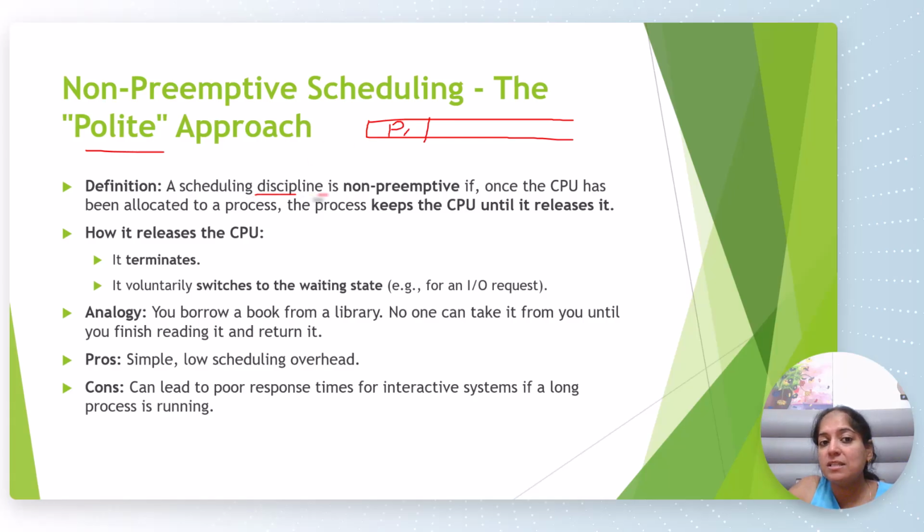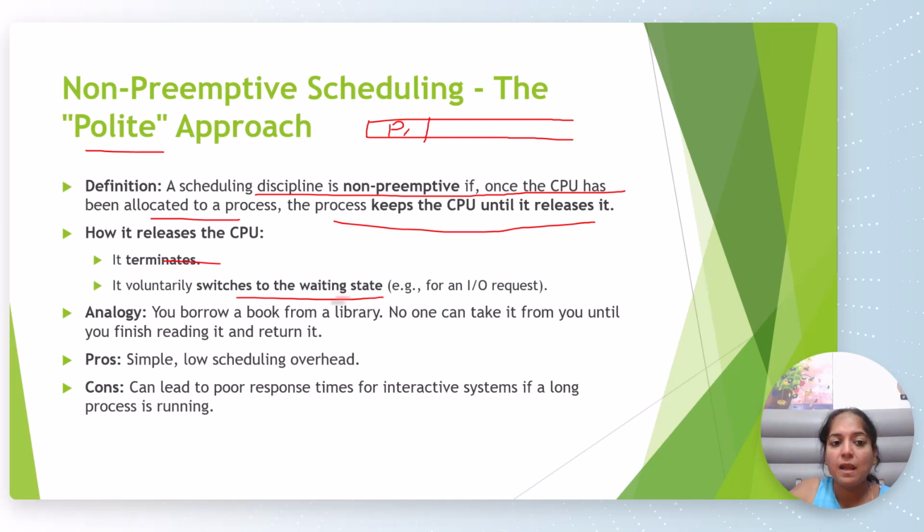So a scheduling discipline is non-preemptive if, once the CPU has been allocated to a process, the process keeps the CPU until it releases it. How can it release the CPU? It terminates or it voluntarily switches to the waiting state. For example, if you borrow a book from a library, no one can take it from you until you finish reading it and return it to the library.